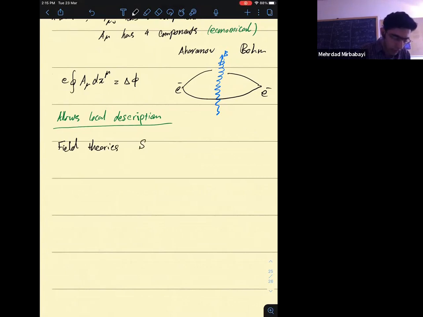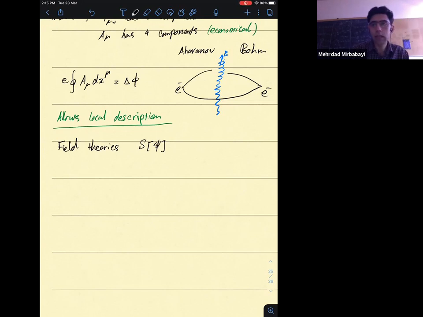So we have some action S of some fields psi. This psi just describes the collection of all fields that we might consider. We write an action which is an integral over some scalar quantity, and we do the variation of that to get the equations of motion for the fields.